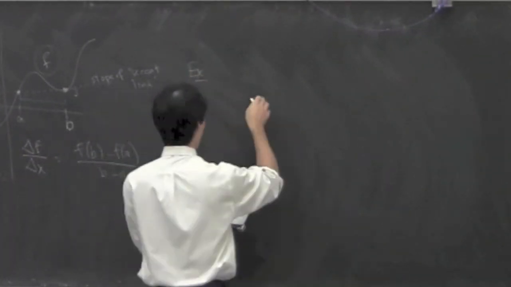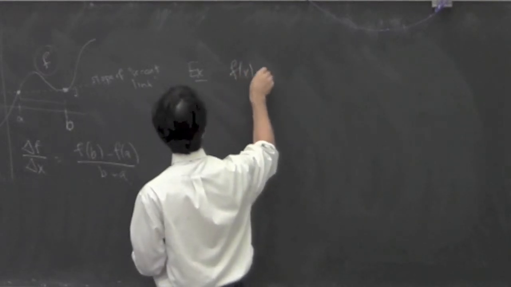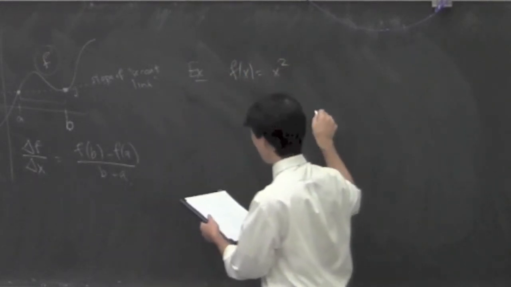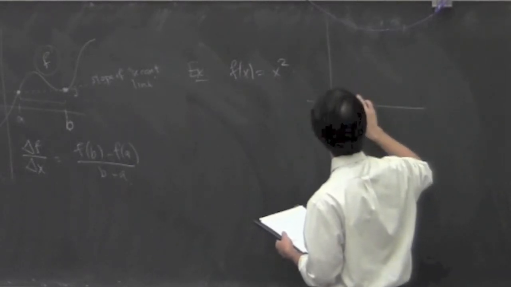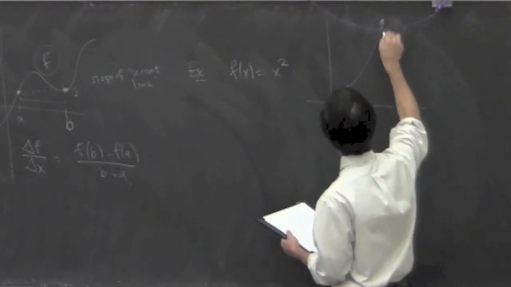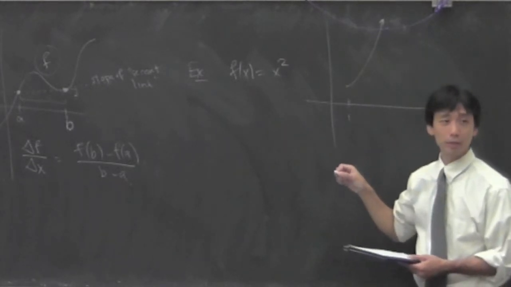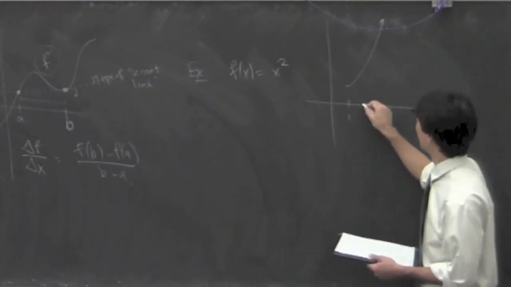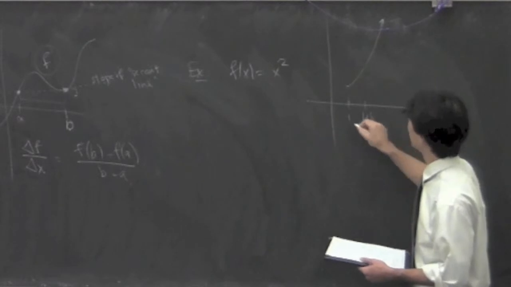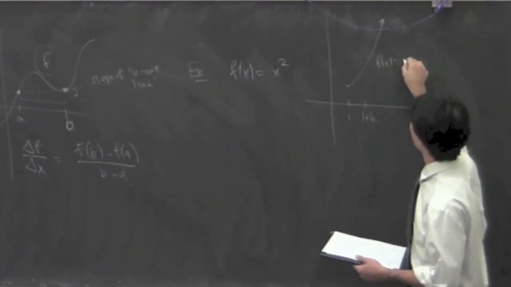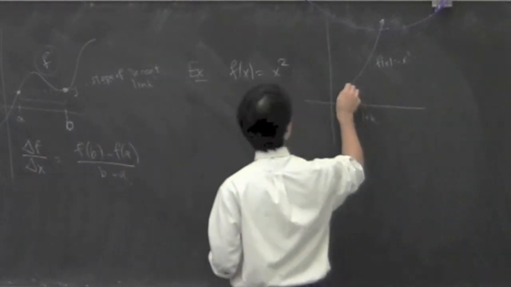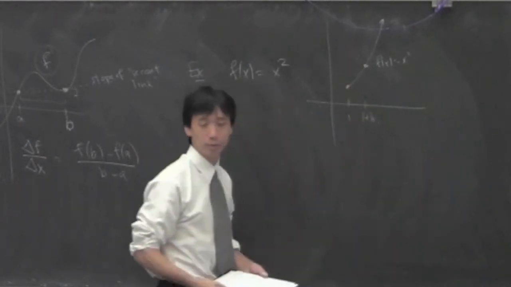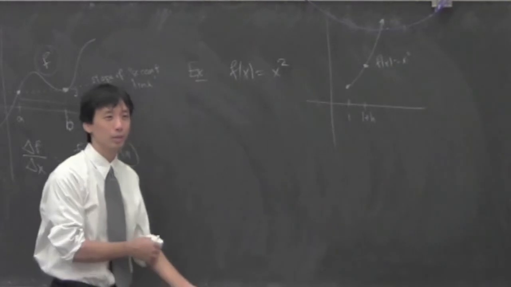Okay, just to quickly remind us, let's look at the function x squared. Here's 1, and let's go to 1 plus h. f of x is x squared, right? Can somebody tell me the rate of change over this interval? Lauren?